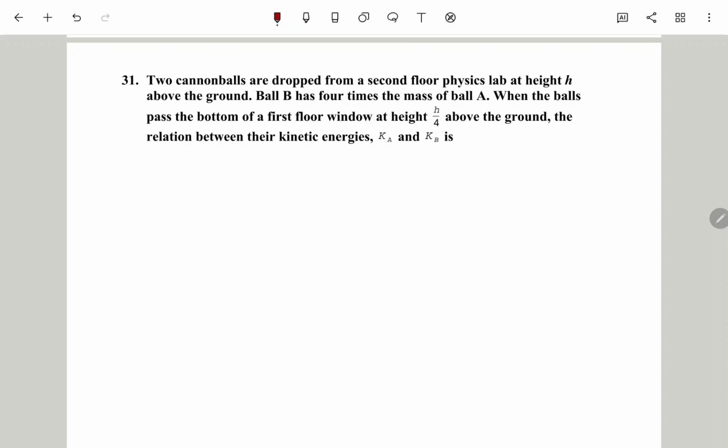Two cannonballs are dropped from a second floor physics lab at height h above the ground.